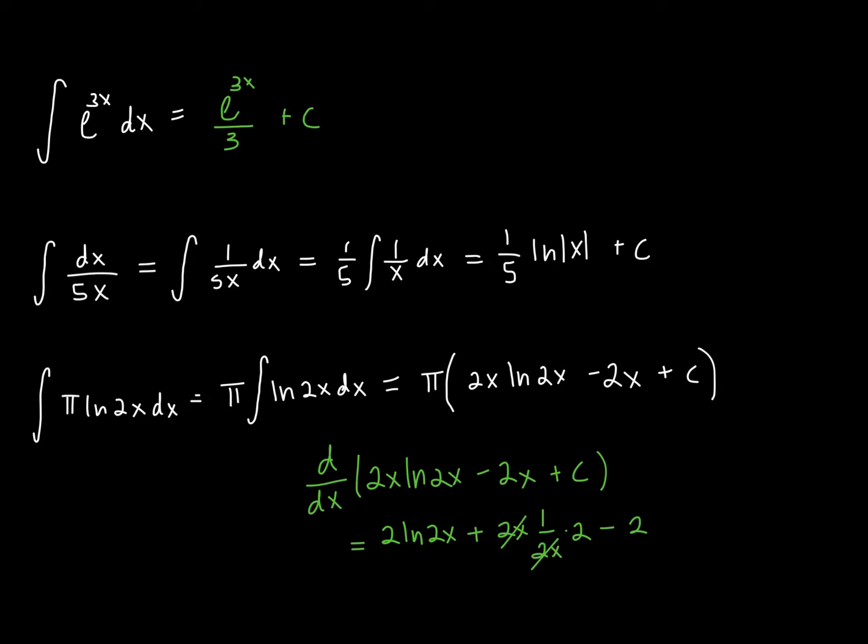But I have a little issue here where I have a 2 times natural log of 2x. And so what I've got to think about doing is dividing here by 2. So notice if I divide here by 2, this 2 is just going to go away. And I'm going to have x natural log of 2x, which means that I'll be fine here, right? Because I'll have 1 times the natural log of 2x.